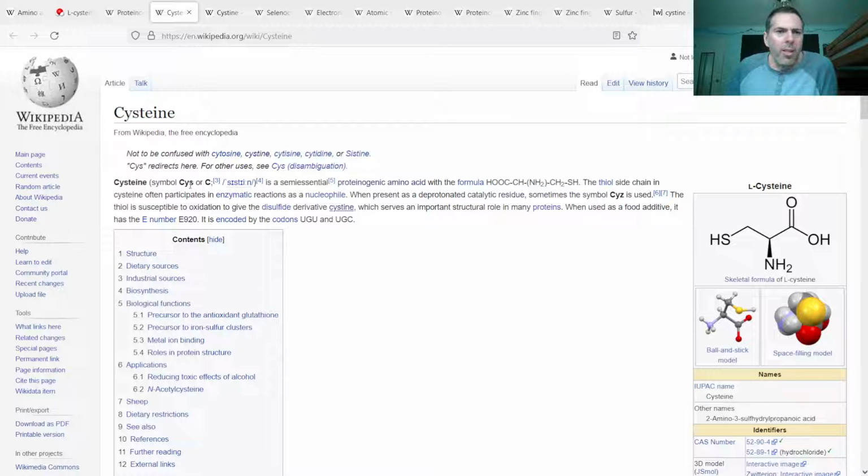So cysteine, CYS-C for the abbreviations, has 2 codons.